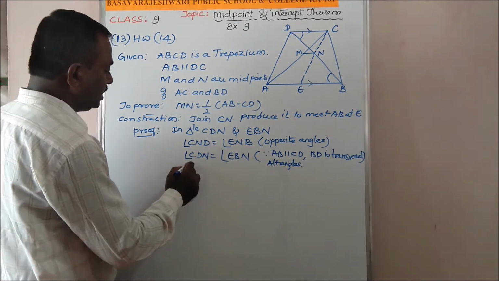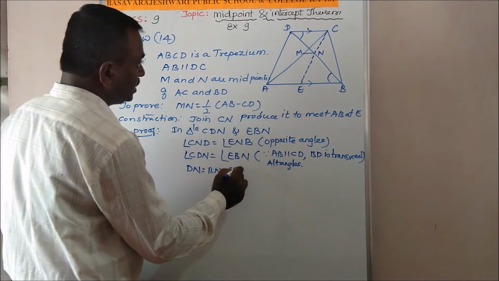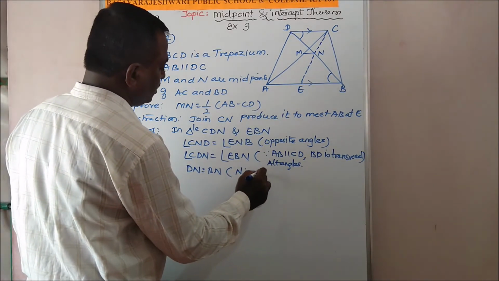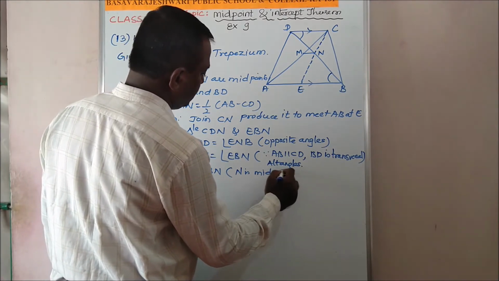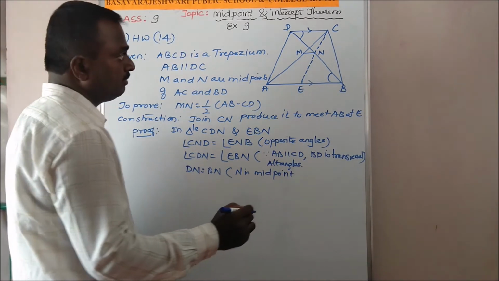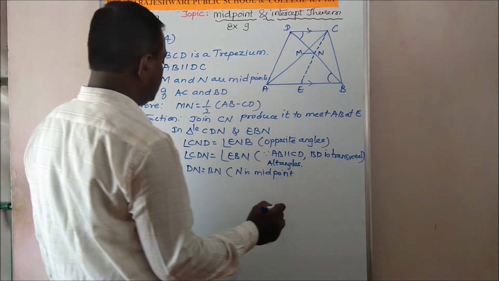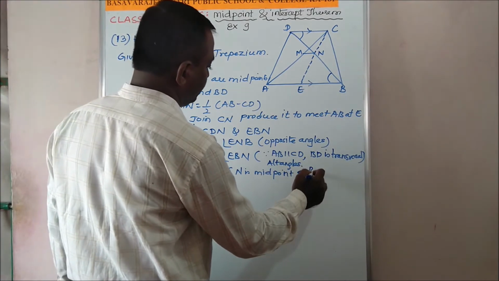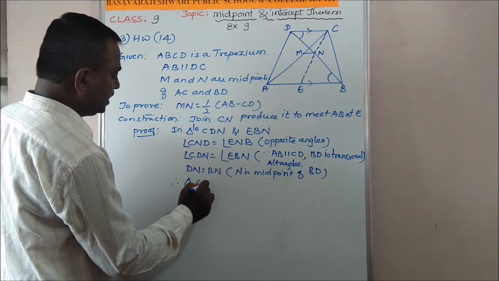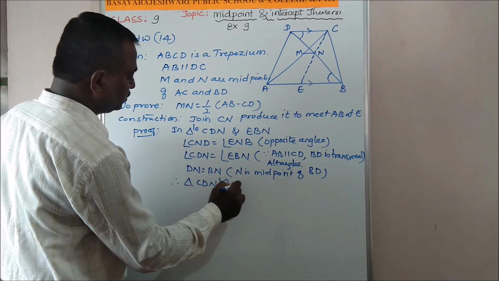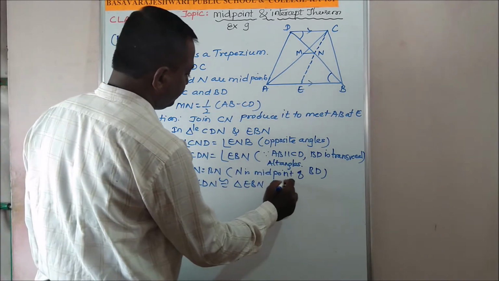Now DN is equal to BN, because N is the midpoint of BD. Therefore, triangle CDN is congruent to triangle EBN on the basis of ASA.